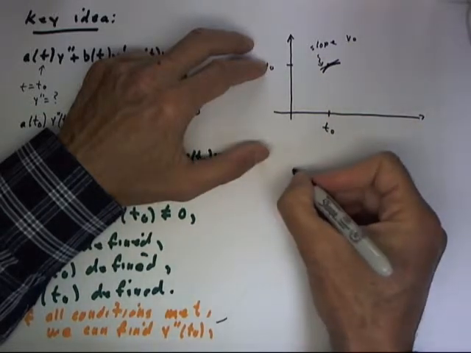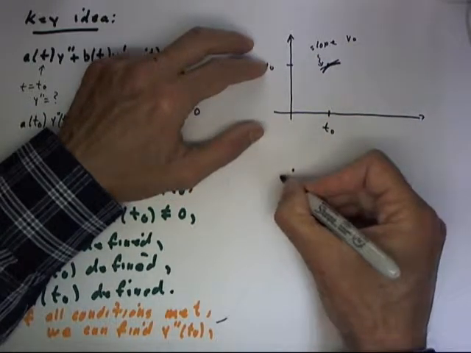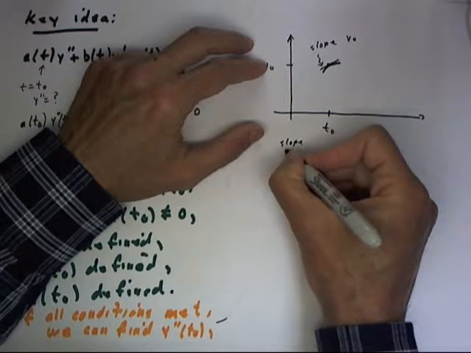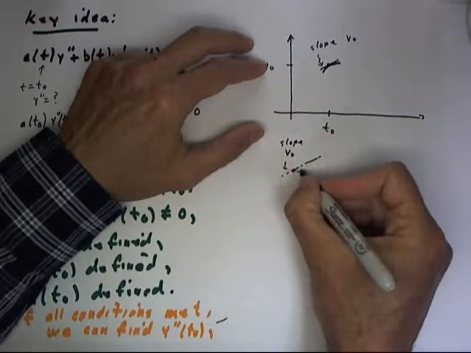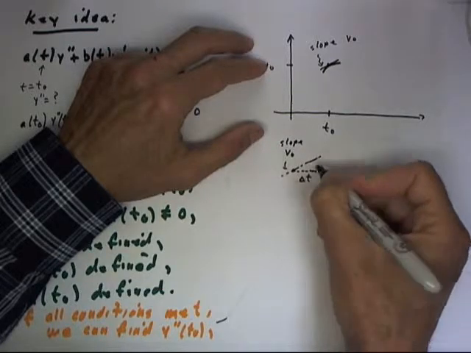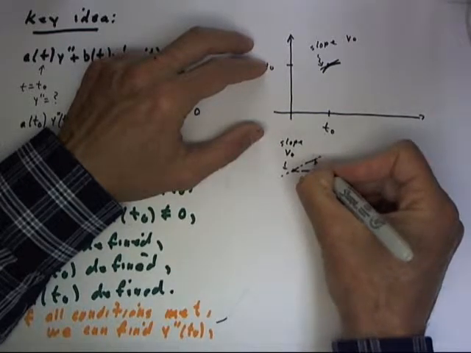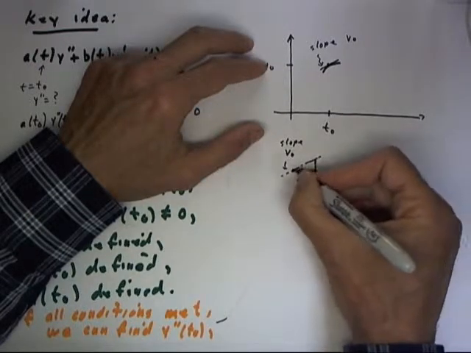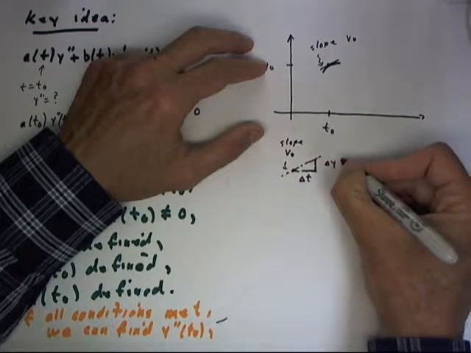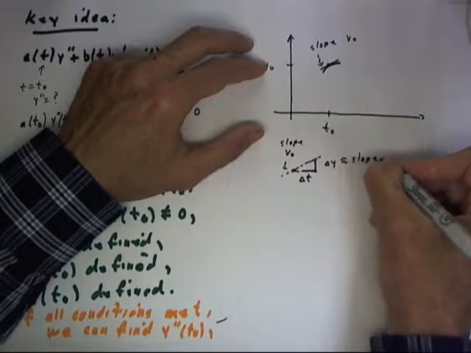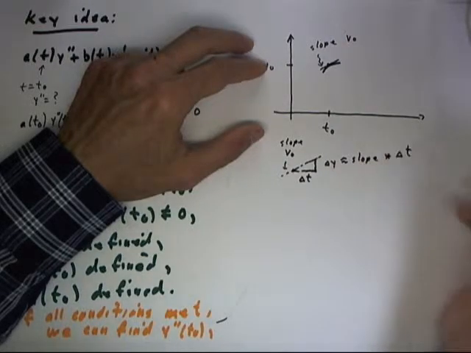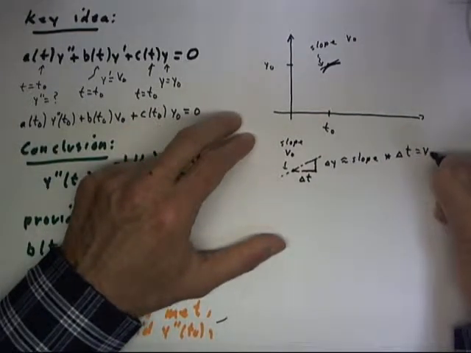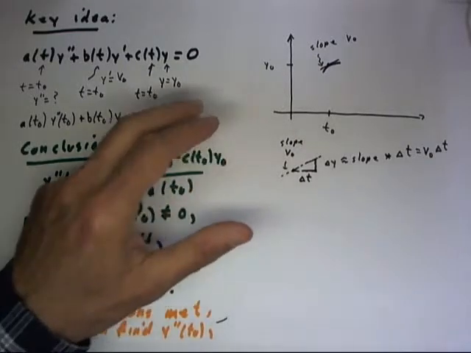Well, one of the things we can do, of course, is we can start from our point and move along our slope segment for some distance delta t, and we know that having moved some distance delta t, we're going to have some change in y, which is approximately equal to the slope times delta t, which of course is v0 delta t.